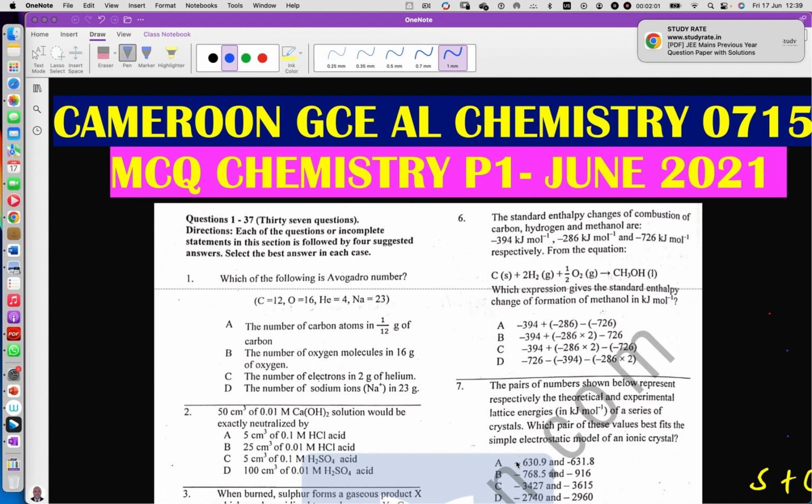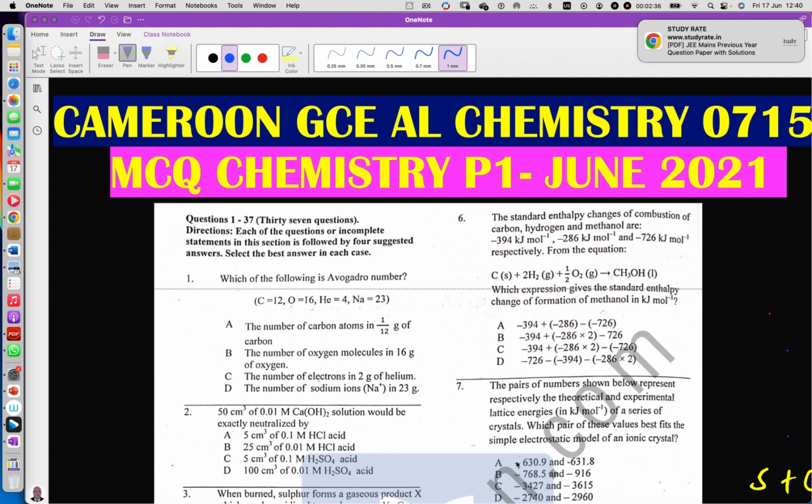It is the number of particles, that is atoms, ions, molecules, or electrons, in 1 mole of any substance. So it must be 1 mole. Let's see which of them has 1 mole.